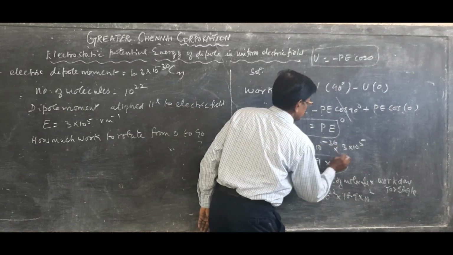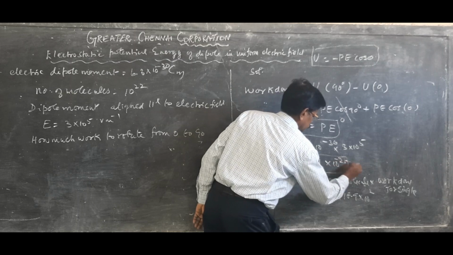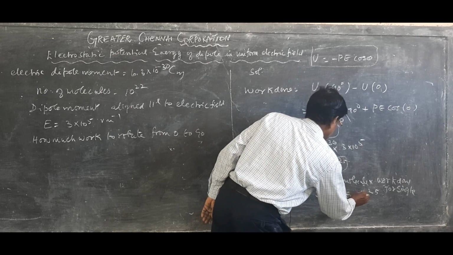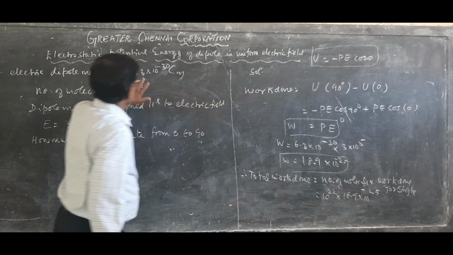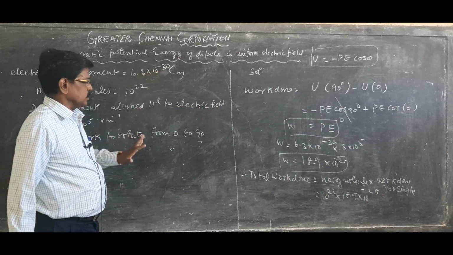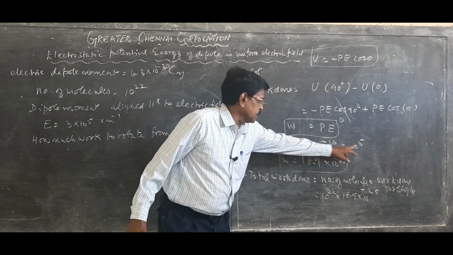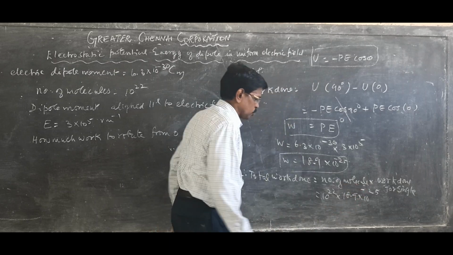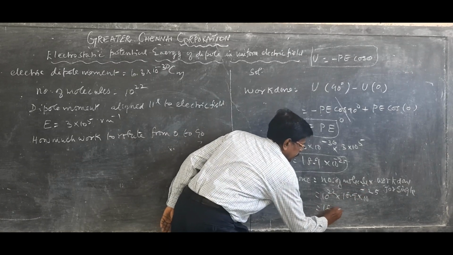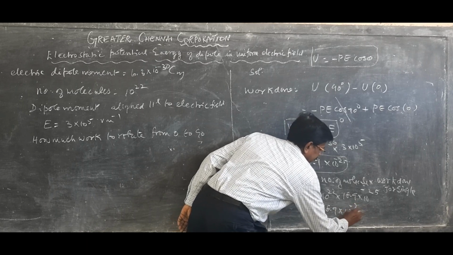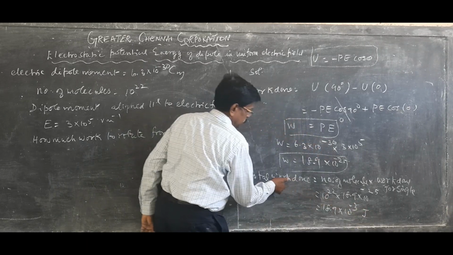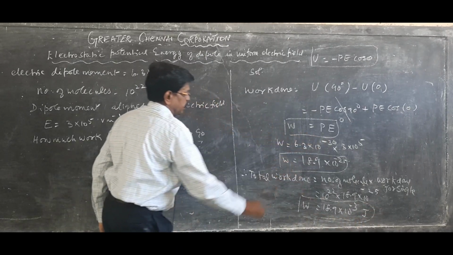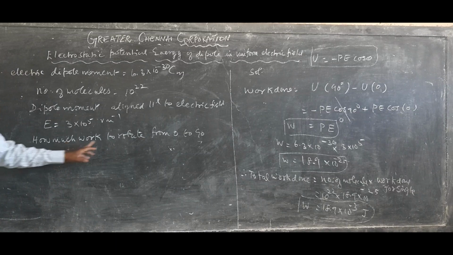So the value is 6.3 into 10 power minus 30, and 10 power minus 30 into 5 gives minus 25. 10 power 22 into 18.9 into 10 power minus 25. So the answer is 18.9 into 10 power minus 3 joules. Since it is work done, the unit is joules. This much energy is spent in rotating the molecule from 0 to 90 degree.